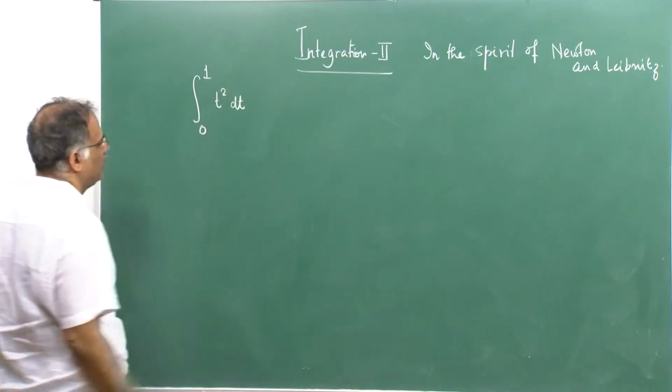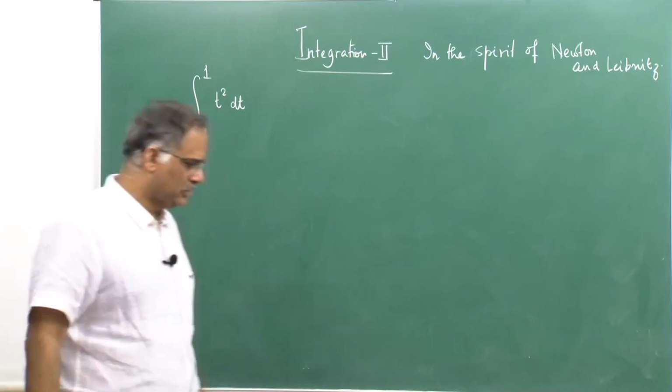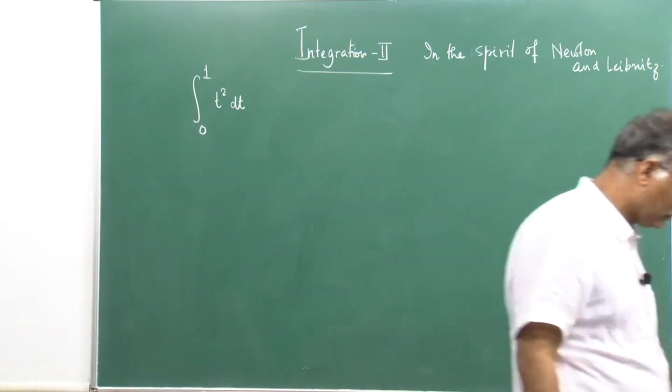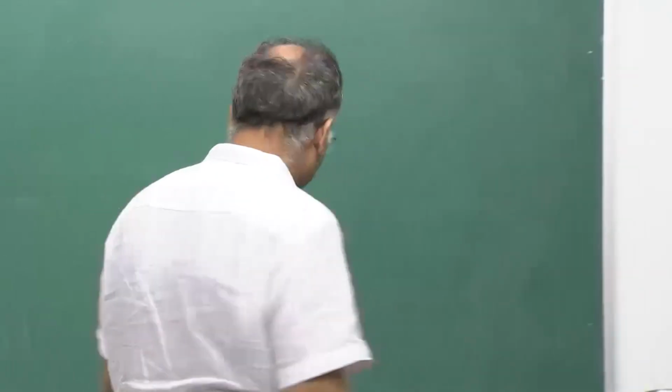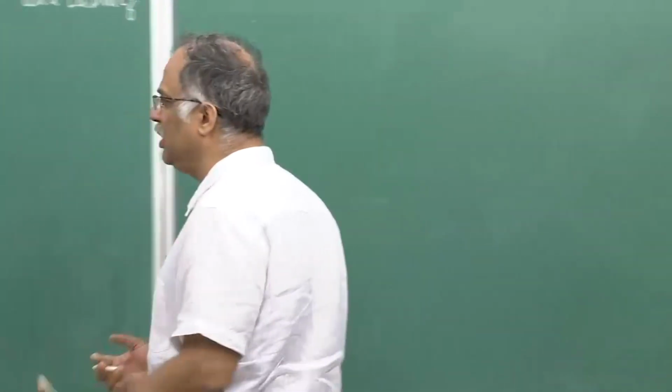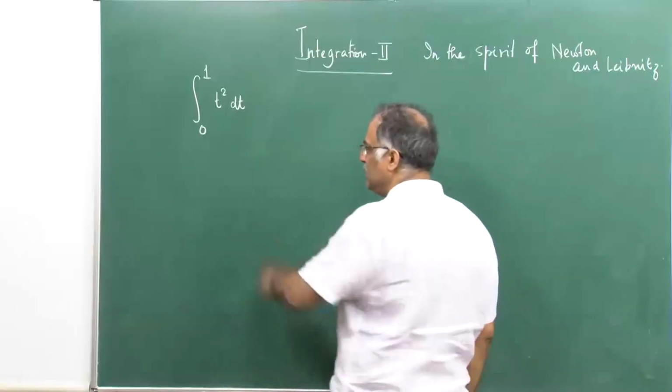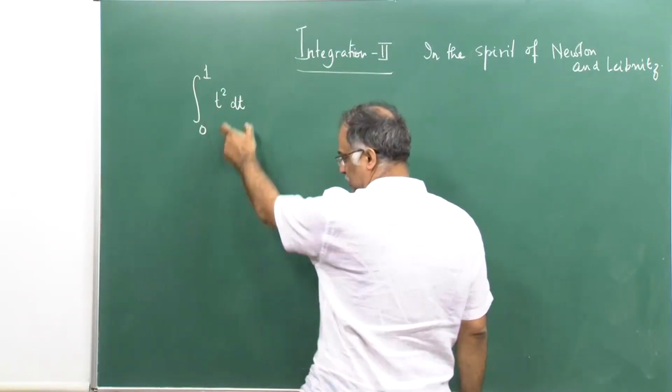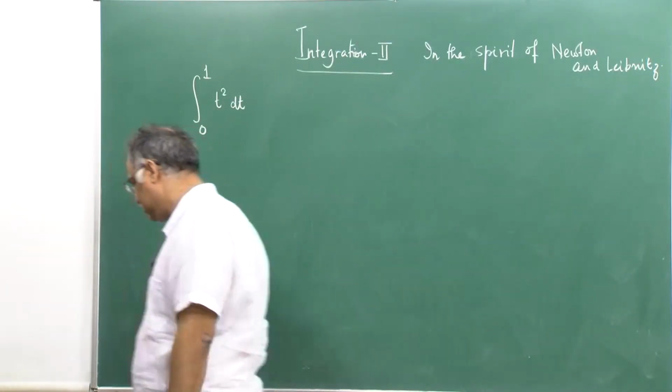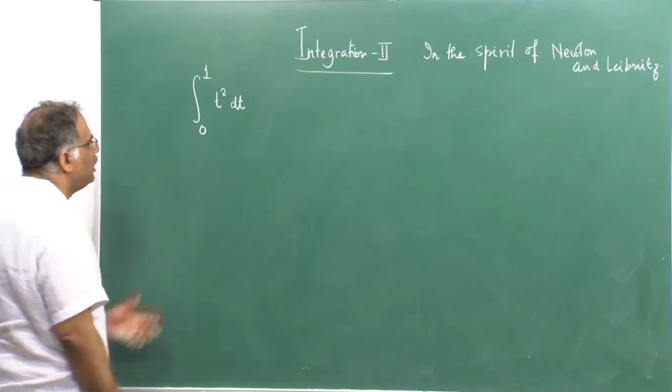So, I am now asking you to evaluate the integral. It could be x square dx. Do not get too worried about this dt symbol, it is a symbol actually. We tend to give meaning to this.